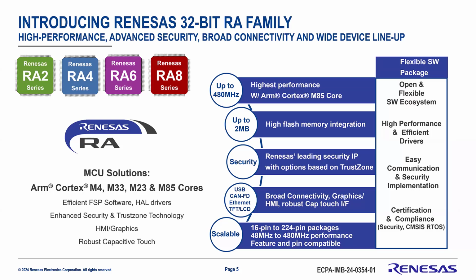We also offer up to 2 megabytes of embedded flash. We have a host of security features, including TrustZone, broad connectivity and graphics, and robust cap touch interfaces. And finally, it's a very scalable product family, from 16 pin to 224 pin, 48 megahertz to 480 megahertz.